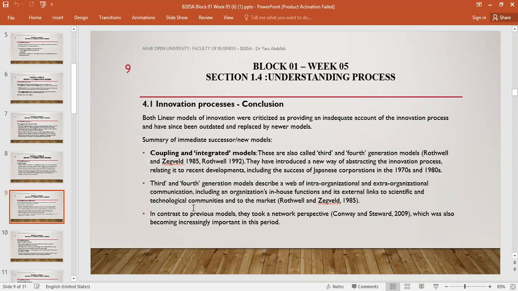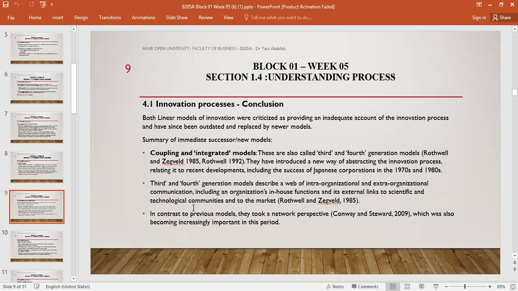The successive models which discussed the innovation process are the third and fourth generation models. And we call them coupling and integrated models. These models were introduced after the need pull. And they concentrate on making integration and communication between the company departments, like R&D and production, R&D and marketing.